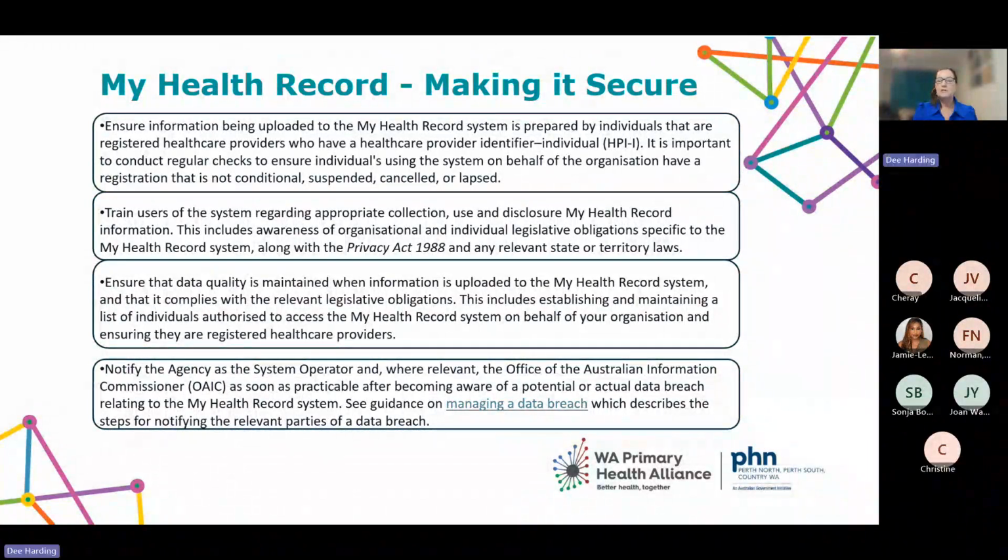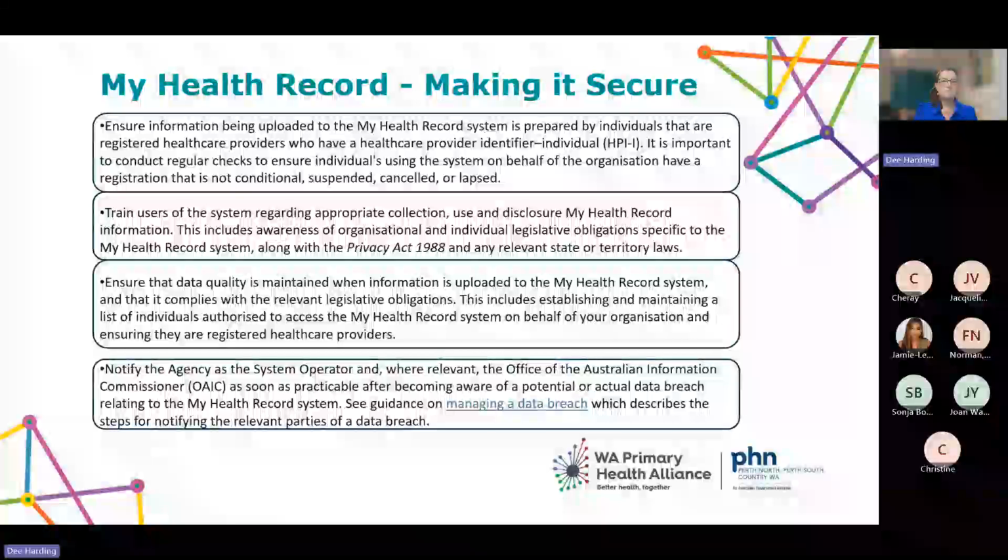It is important to conduct regular checks to ensure that an individual that is using the system on behalf of the organisation has a registration that is not conditional. It can't be suspended, it can't be cancelled, and it can't be lapsed.